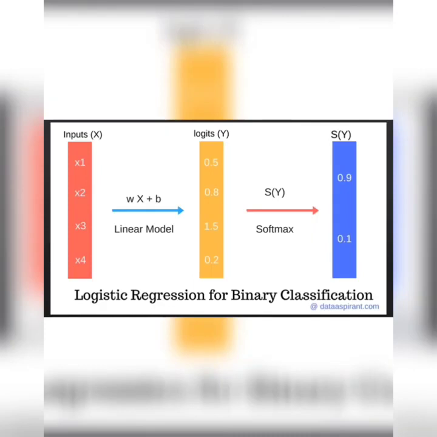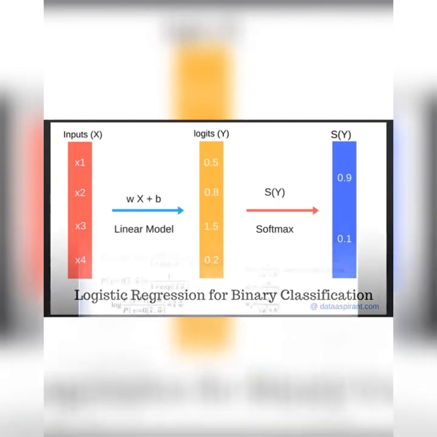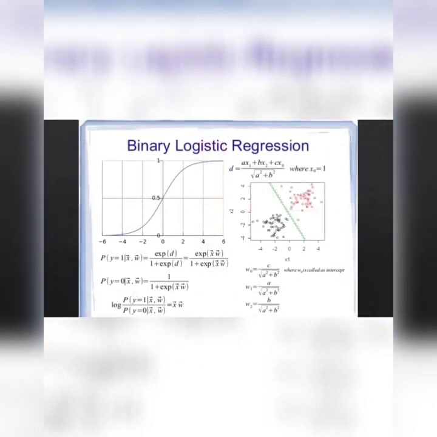Now let's see what binary logistic regression is. Logistic regression is an extension of simple linear regression where the dependent variable is dichotomous or binary in nature. We cannot use simple linear regression. Logistic regression is a statistical technique used to predict the relationship between predictors and a predicted variable where the dependent variable is binary.